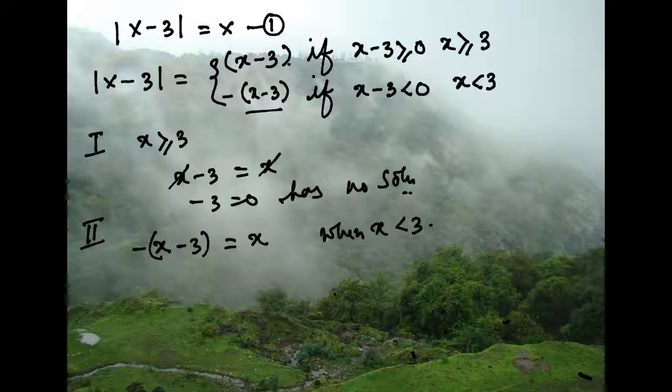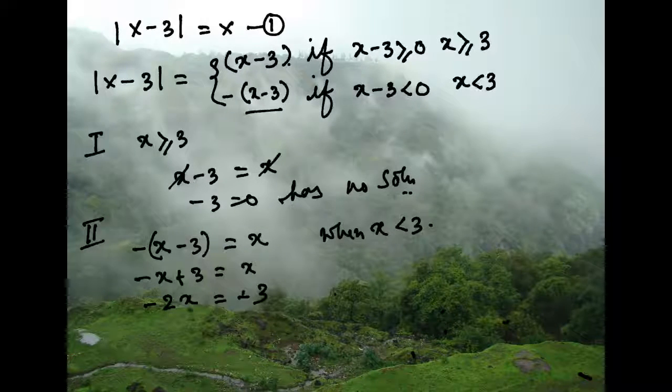So this gives minus x minus 3 equals x. Rearranging, I am getting minus 2x equals, this is plus, so it is minus 3. Now nullifying this minus, x equals 3 by 2.